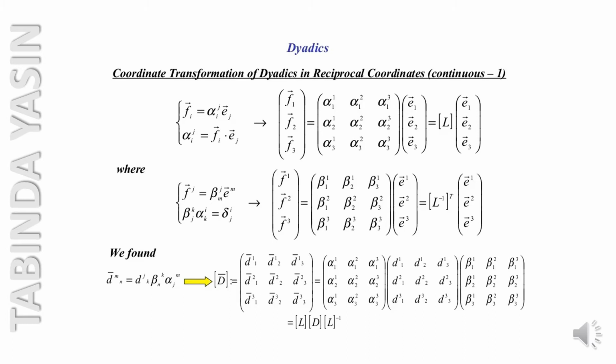We found the answer after solution: the dyadic D is equal to the matrix of D with all the components a1 alpha 1, a11, a12, a13, and d11, d12, d13, b1, and so on, and all the solution gives mod of L, mod of D and mod of L to the power minus 1.